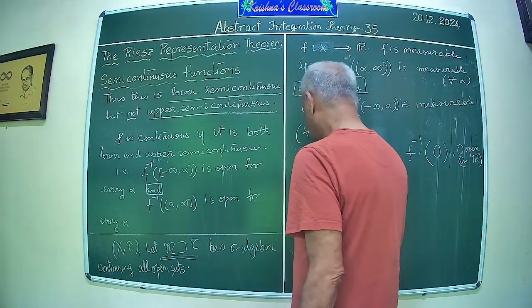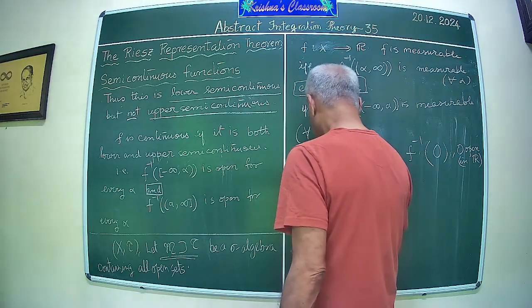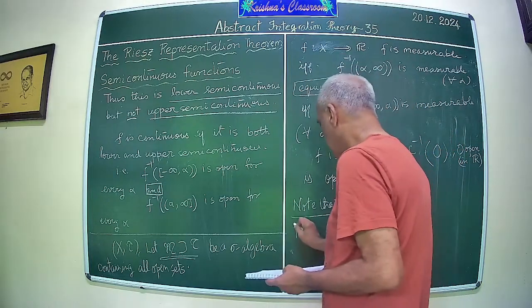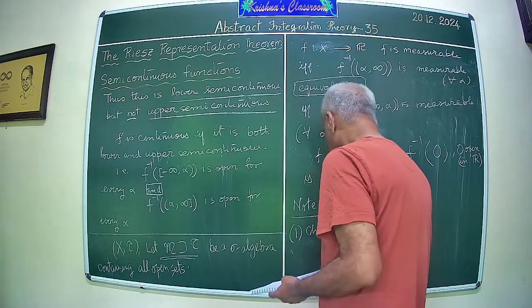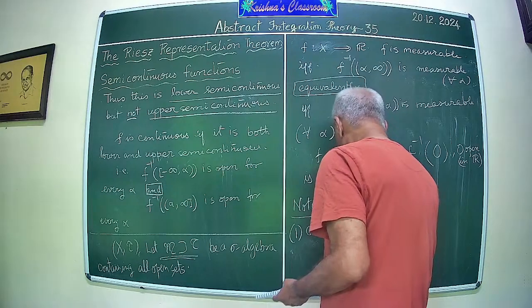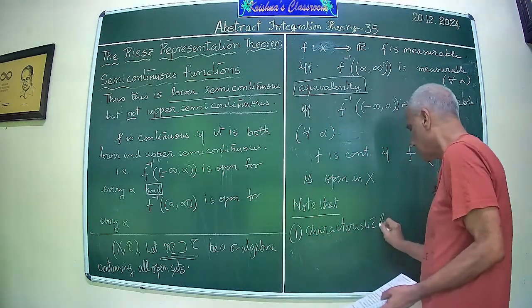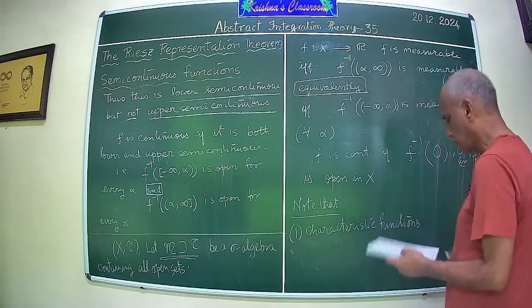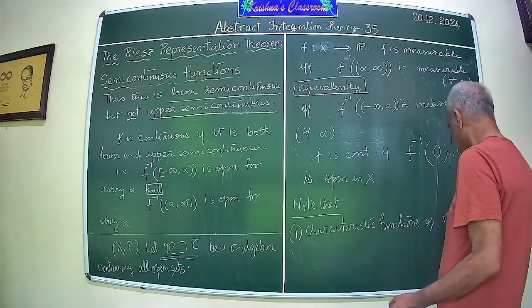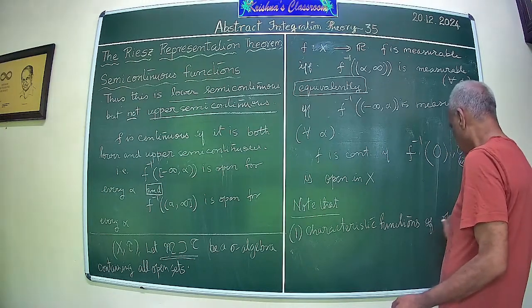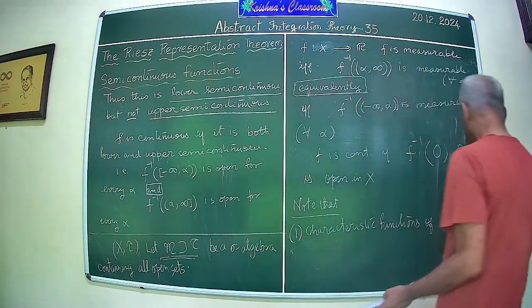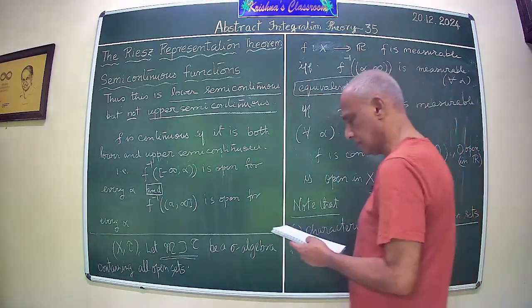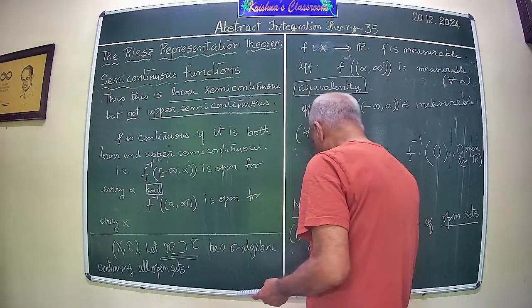Now note that, one: characteristic functions of open sets are lower semi-continuous.